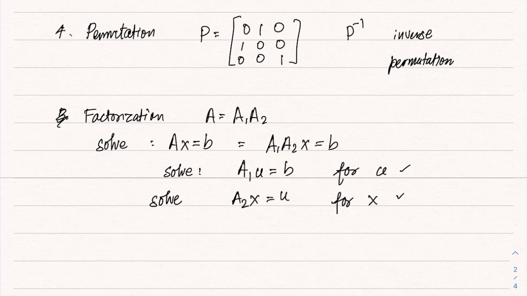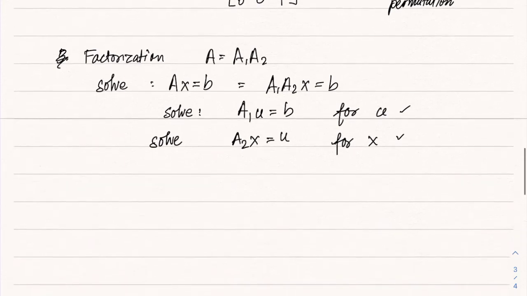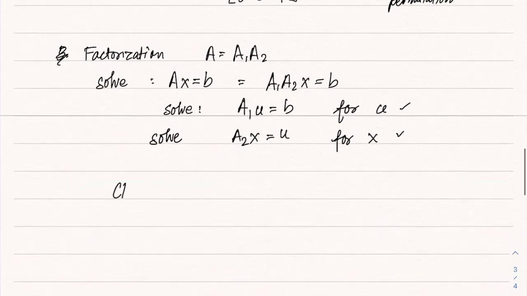So if you can factorize such that A1 and A2 are simple and their structure can be utilized for solving A1 U equal to B and A2 X equal to U, then you just have to add their flops. For example, take Cholesky factorization.